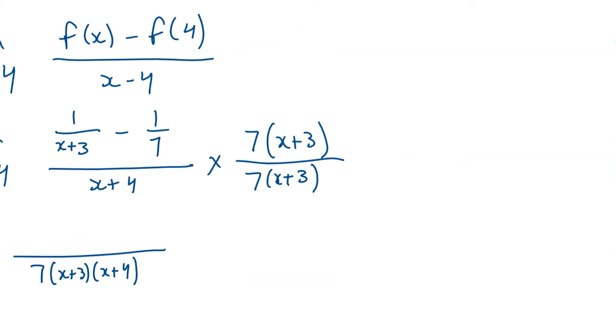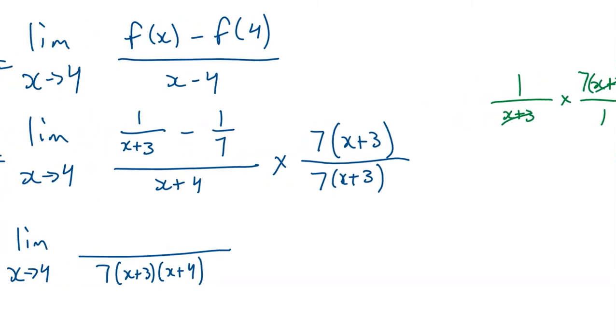So it's 1 over x plus 3 times 7 times x plus 3 over 1. The x plus 3's cancel, and I get 7. And when I multiply it by the 1 over 7, the 7's cancel, and I get x plus 3. Is that okay?